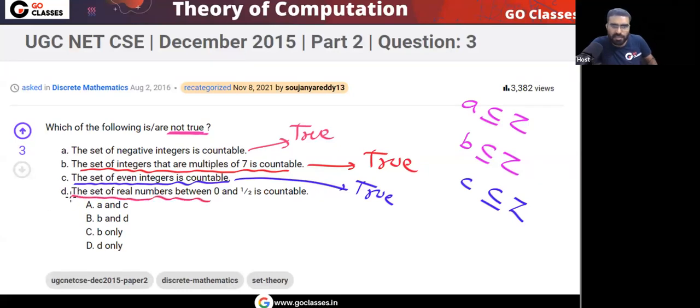What about this? The set of real numbers between 0 and 0.5. This is false.